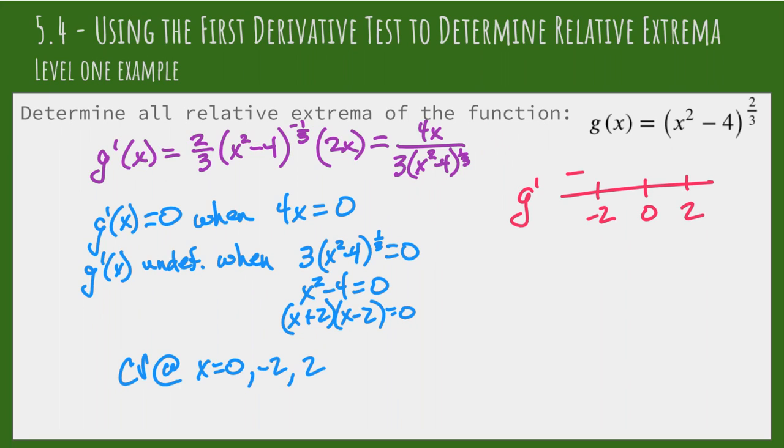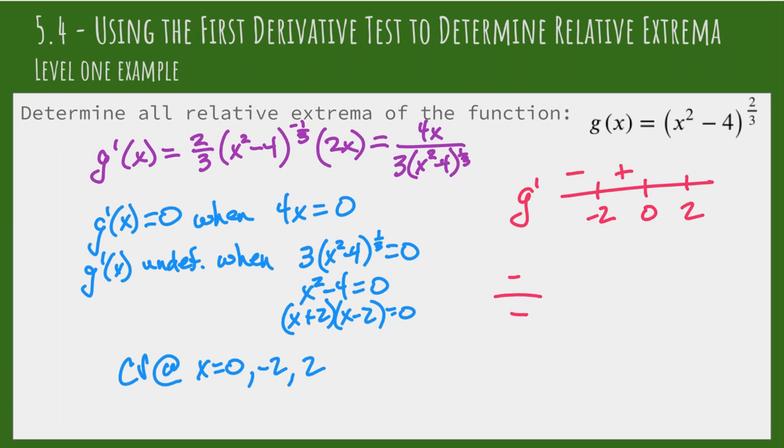If we plug in -1, we get negative in the numerator, and then in the denominator, -1 squared is 1, minus 4 is -3, and an odd power, an odd root, is going to stay negative, so it's negative divided by negative, which is positive.